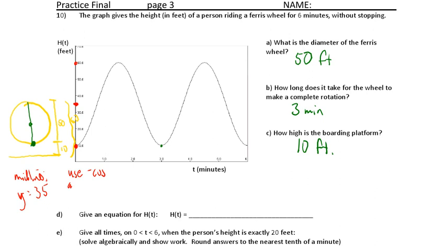The amplitude is 25, and the period is 3. So our equation should look like this. Negative 25 cosine 2 pi over 3 t plus 35.